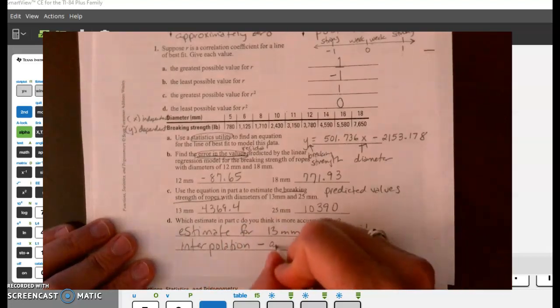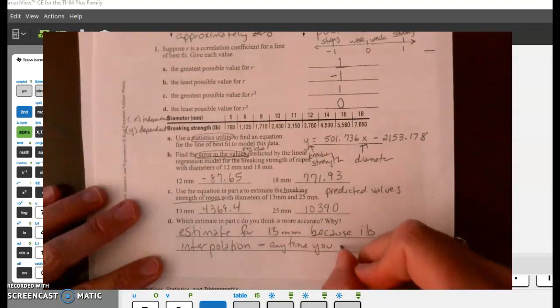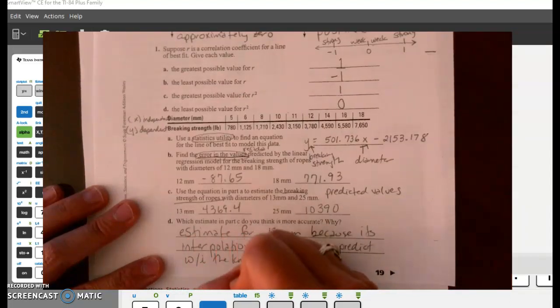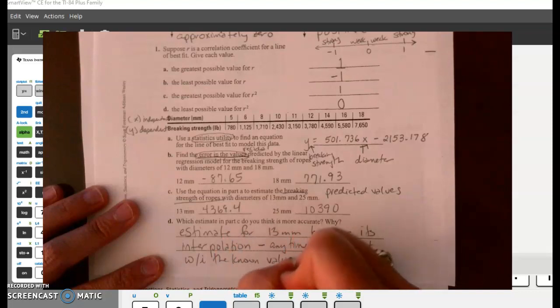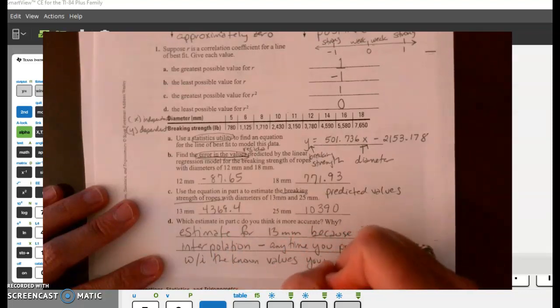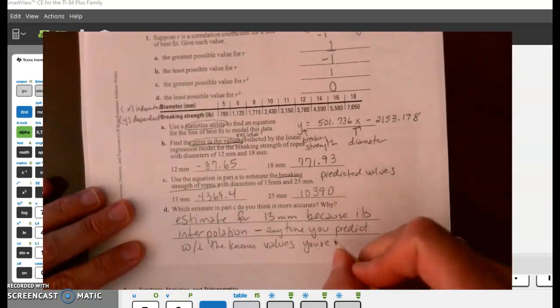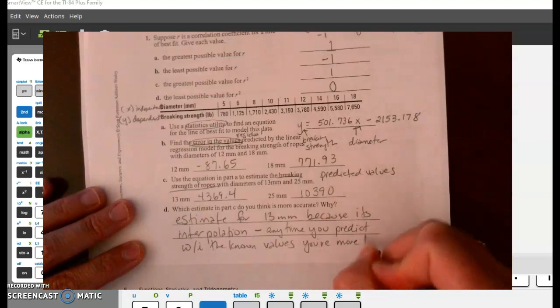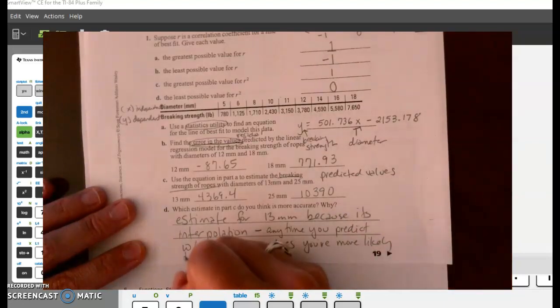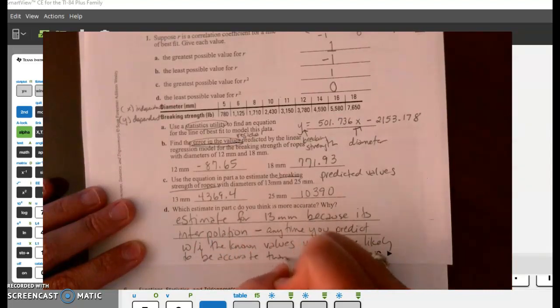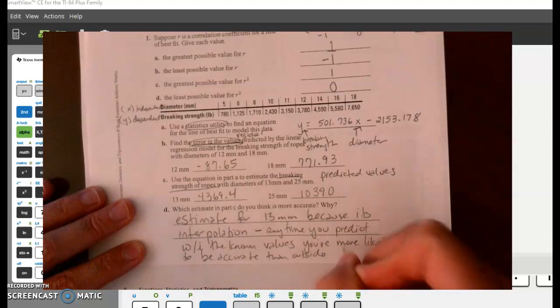Anytime you predict within the known values, you're more likely to be accurate than if you predict outside of the known values.